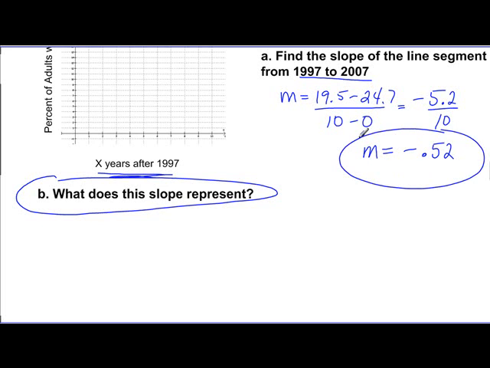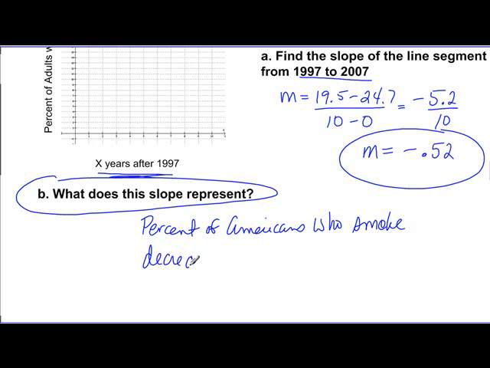The actual value of the slope tells us that it's decreasing 0.52% per year.